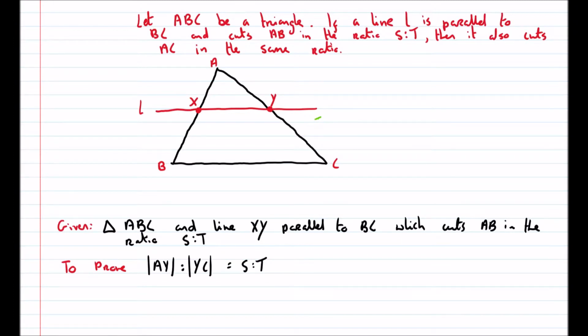Okay, and I'm just going to give you a little example in this. Again, we would have known it from Junior Cert. Let's say we have a triangle, it's cut like that, and this is, we'll say 2, and this is 4, and this is 3. Well, what's this? Well, think about it. This bit here is twice that bit, so this bit here should be twice that bit, so that should be 6.